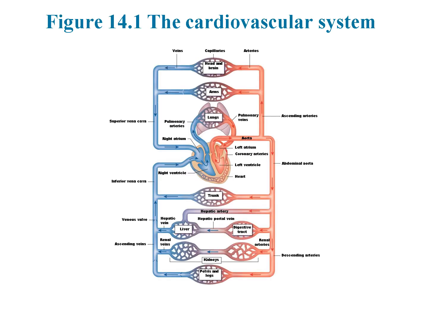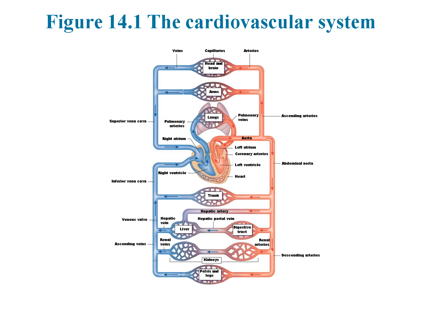This diagram provides a comprehensive overview of the cardiovascular system, illustrating the interconnected network of blood vessels that transport oxygenated and deoxygenated blood throughout the body. At the center of circulation is the heart, which pumps blood through two major circuits: the pulmonary and systemic circulation.